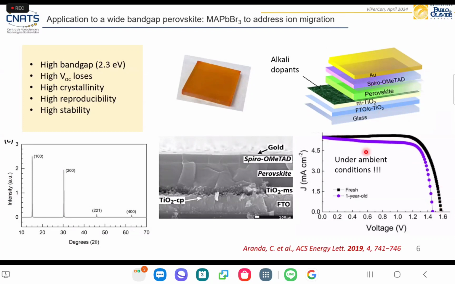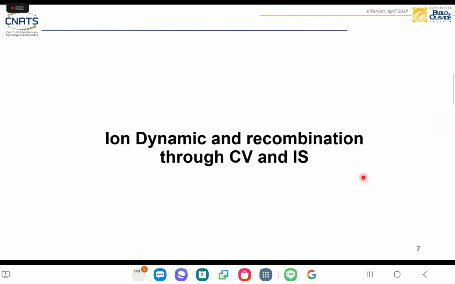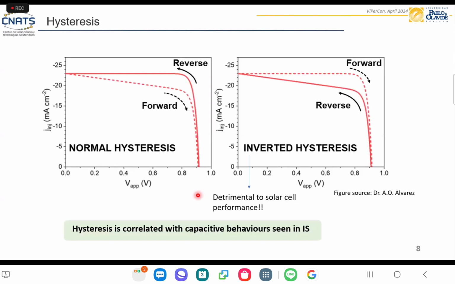And then the purple one is the same device, but after 1 year old, stored under ambient conditions, of course, without any encapsulation material. So once we optimize this wide bandgap material, we jump to analyze through cyclic voltammetry and impedance spectroscopy the ionic dynamics and the recombinations that are responsible for the VOC losses.